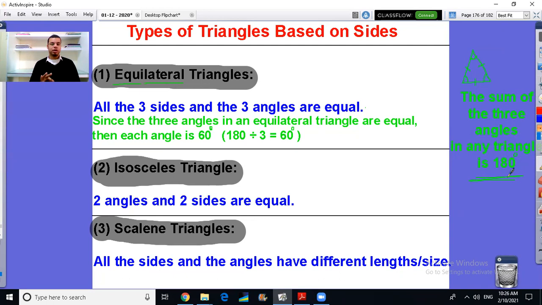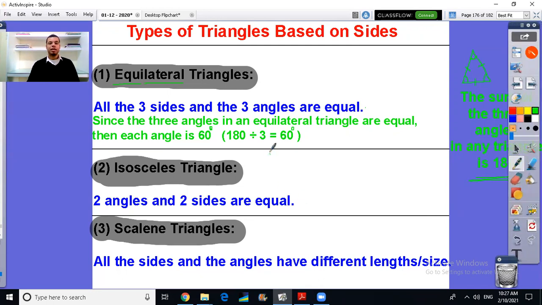So if we are talking about an equilateral triangle, which has three equal sides and three equal angles, then each angle is 60 degrees. This is a fact, guys, that you need to study and know. All the angles of an equilateral triangle are 60 degrees.